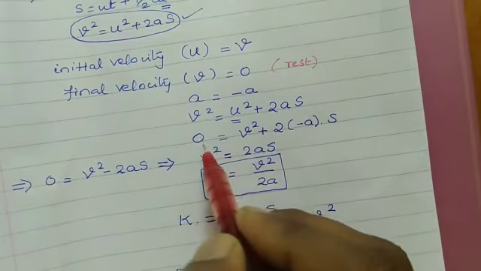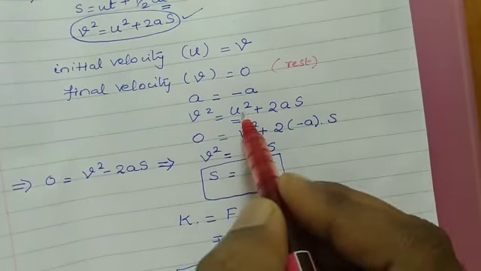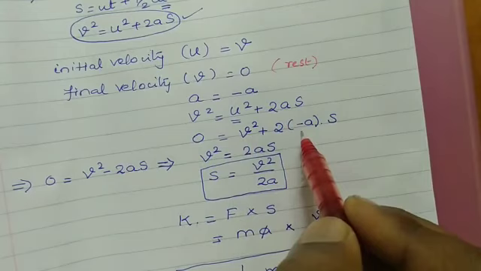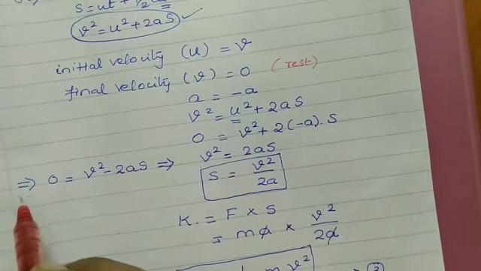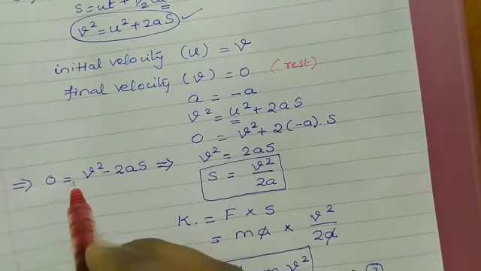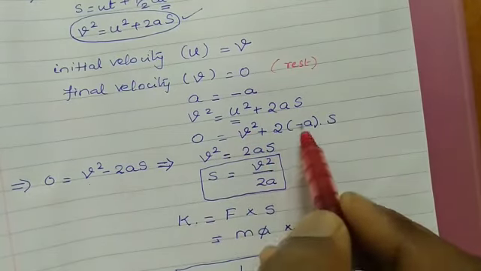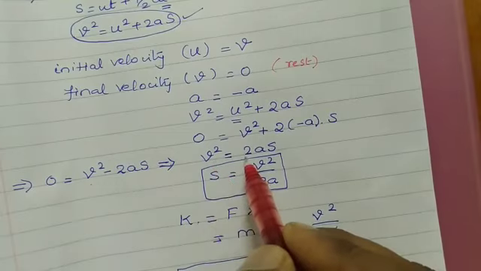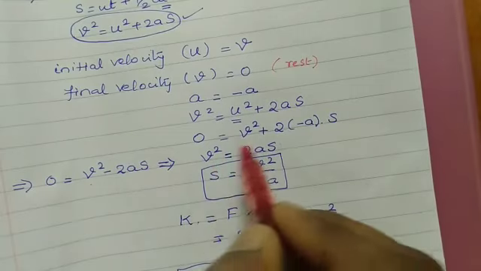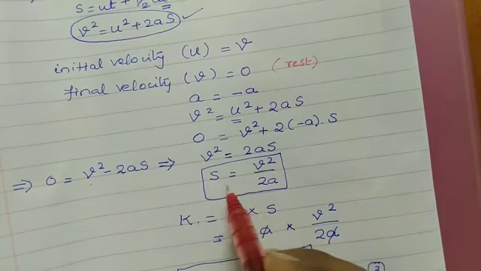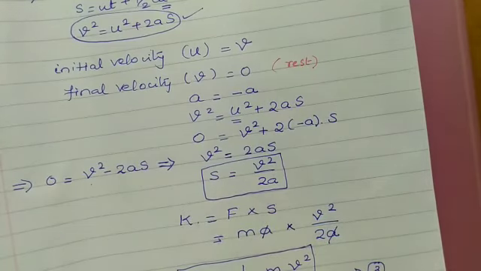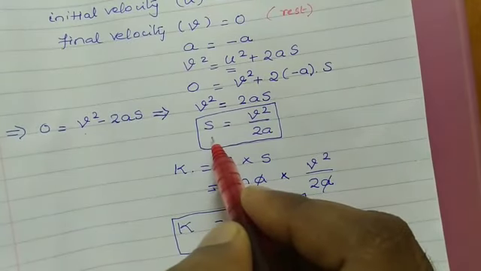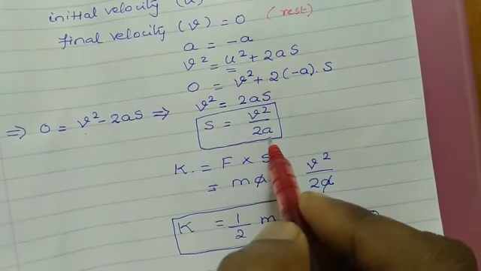In the place of V we substitute 0, in the place of U we substitute V, and A becomes minus A. So 0 equal to V square minus 2AS, so V square equal to 2AS. Rearranging the equation, S equal to V square by 2A.